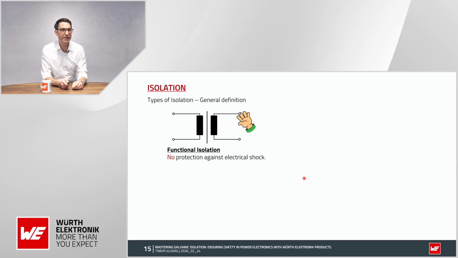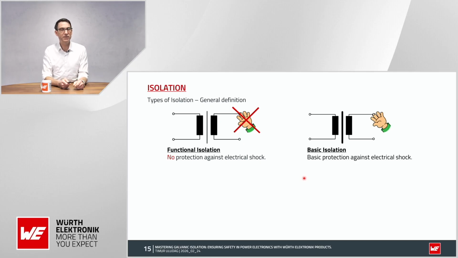The functional isolation has no protection against electric shock. Means if you have got a functional isolation, you cannot touch, because it has no isolation barrier that has a protection against a hazardous voltage.